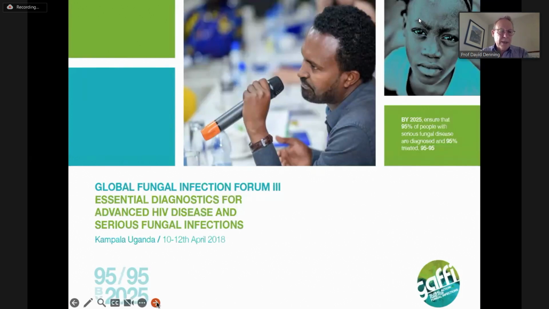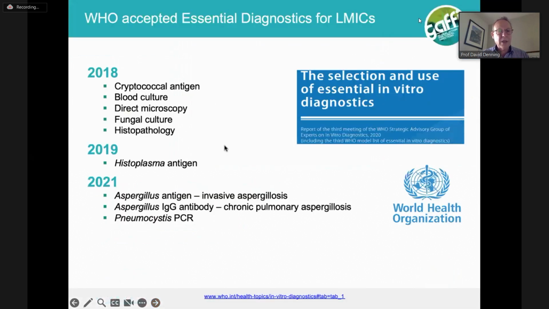So in Kampala in 2018, GAFFI held a meeting to examine which diagnostics are required for advanced HIV disease and other serious fungal infections. Immediately after that meeting, we submitted information to the WHO panel looking at which diagnostics should be on the new essential diagnostics list. That included cryptococcal antigen, blood culture, direct microscopy for fungi, fungal culture, and histopathology.